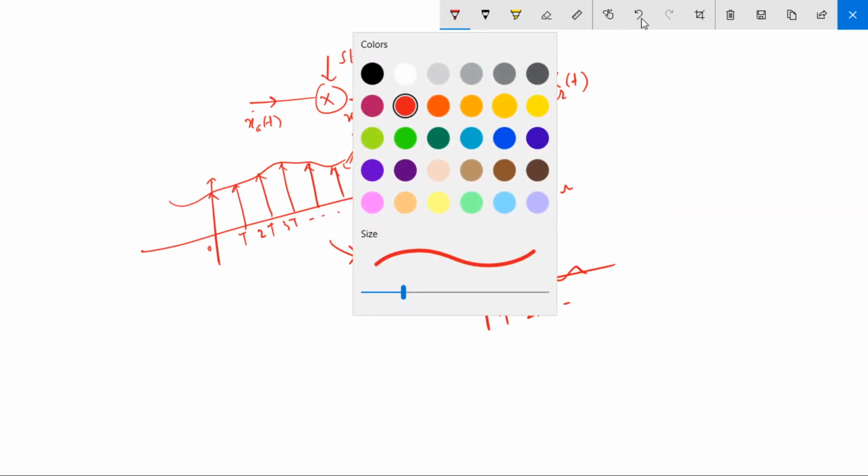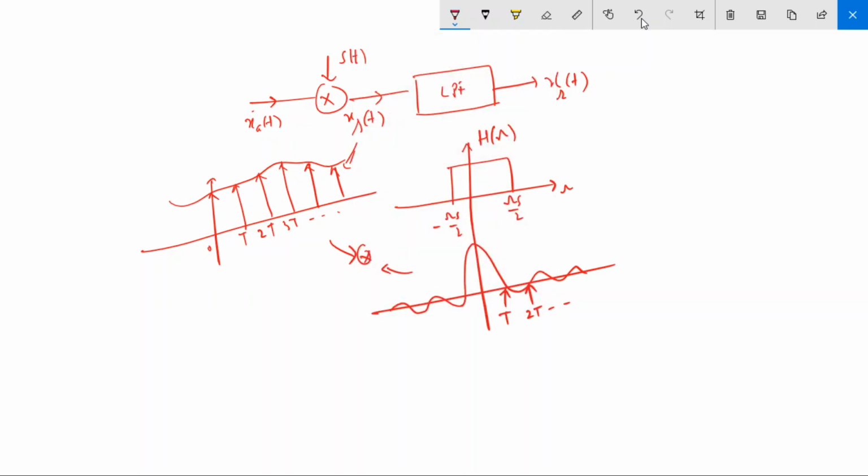Okay, and when you plot this output, what you will get? You have to first find the convolution of this with the first pulse, then the convolution of this with the second pulse, and then add them together. Now when you find the convolution of this with the first pulse, you will get the same sinc function, because convolution with delta(t) is the same signal.